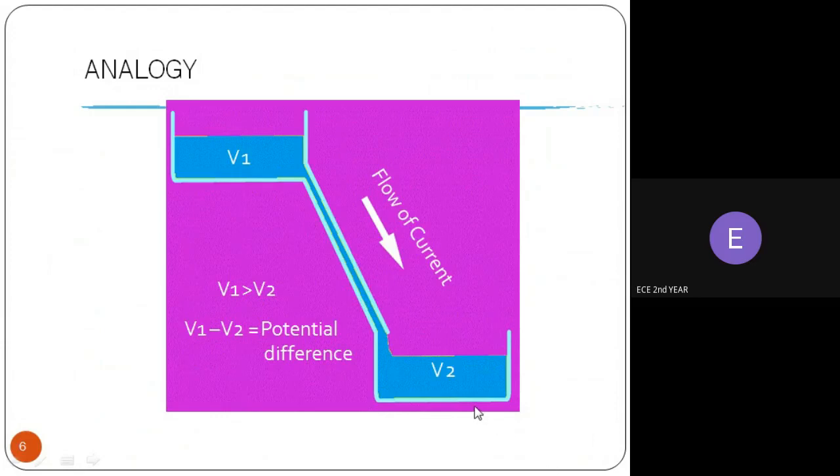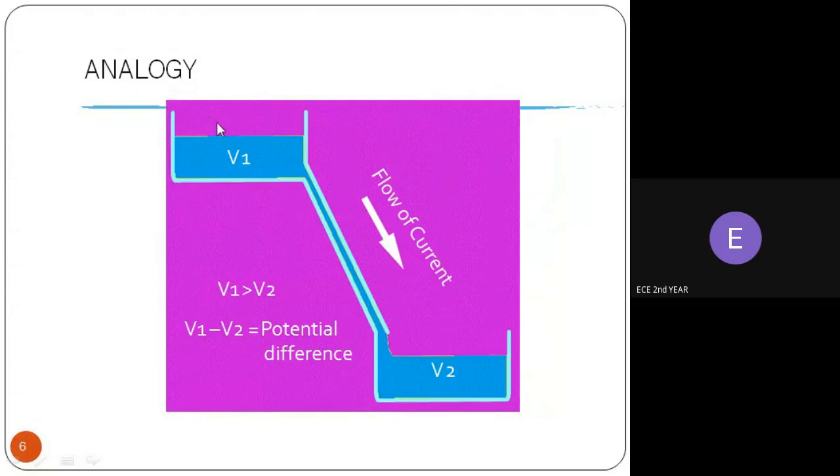This can be explained as: say V1 is a tank placed at the top of a building, and V2 is another tank placed at the bottom of the building. The pressure difference between V1 and V2 is high, so the water flows from tank V1 to V2.